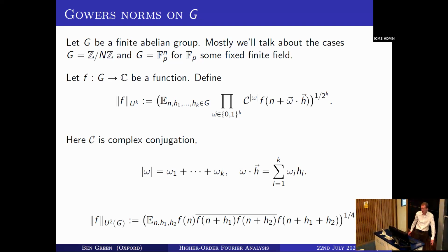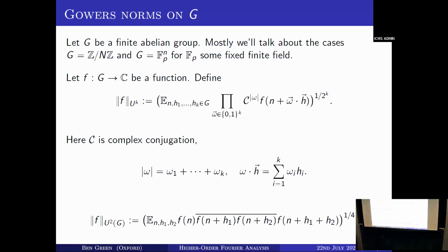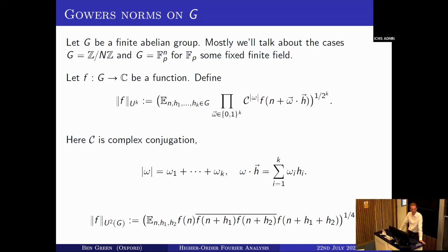Now, as I've written it, it's not even obvious that it's well defined, but it's a fact, and not a trivial one, that the expression in brackets there is a non-negative real number, and therefore there's a uniquely defined non-negative real 2^k-th root, and that's the definition of the norm. So it's well defined as a number. It's also not obvious that it makes sense to call it a norm. That is also true.